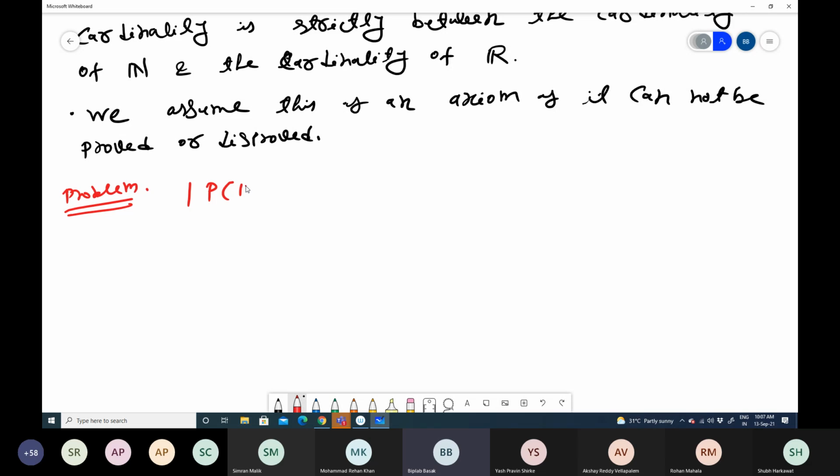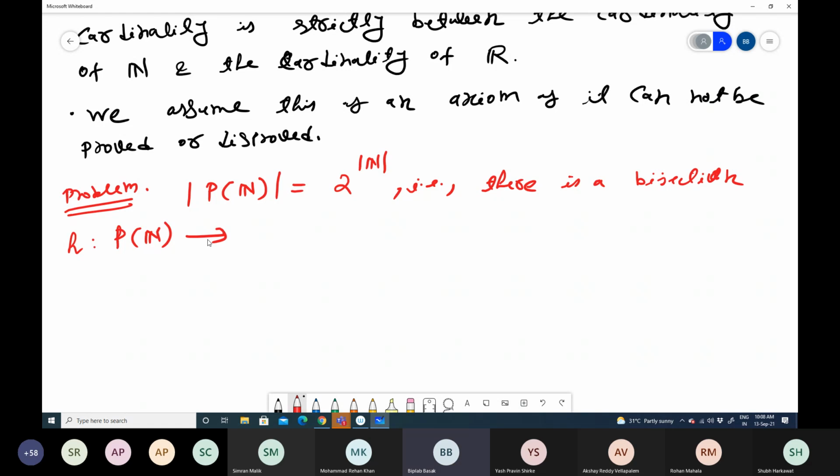The power set of N has cardinality 2 to the power cardinality of N. That is, there is a bijection h from the power set of N to this set.